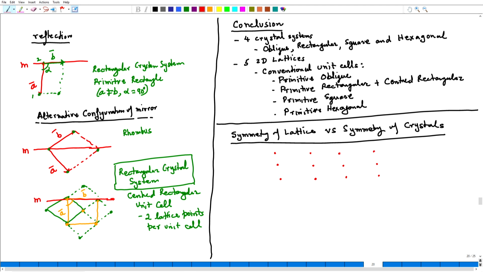Now this lattice itself can be defined by a primitive rectangular cell with the lattice points at the corners. Now, where are the symmetry elements in the lattice? There has to be a mirror because that was the basis for this rectangular lattice. So, these are our mirrors.